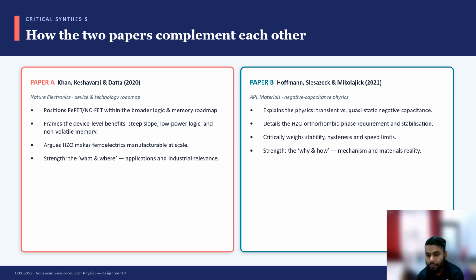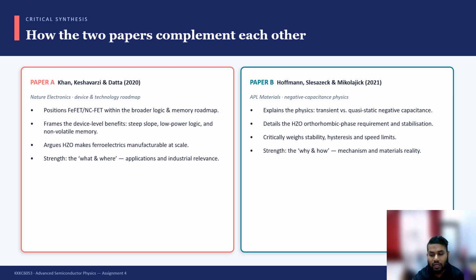Its strength is the what and where. Paper B, by Hoffmann and Mikolajick, takes the bottom-up physics view. It dissects the negative capacitance mechanism, including the important subtlety of transient versus quasi-static operation, details the phase requirement I mentioned earlier, and critically weighs the stability, hysteresis, and speed limitations.